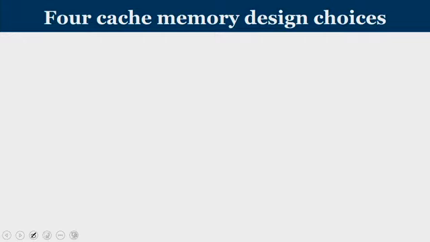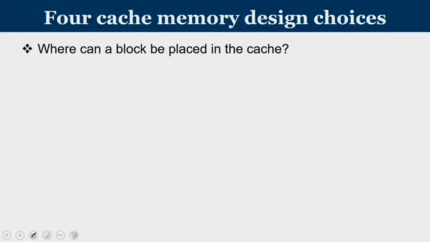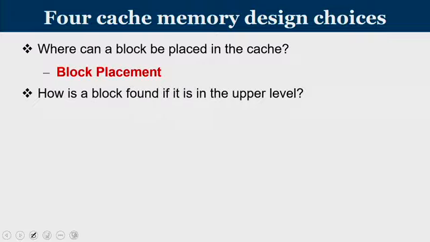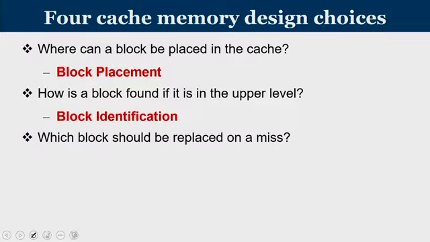While designing cache memory, there are basically 4 design choices. The first one, where can you place a block in the cache, is defined by the block placement technique. How a block is found, if it is there in the cache or not, is called block identification. Third, if you come to know it's a miss, then which block is to be replaced so that the missed word can be kept?